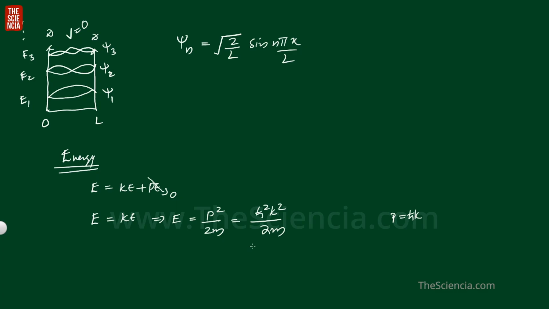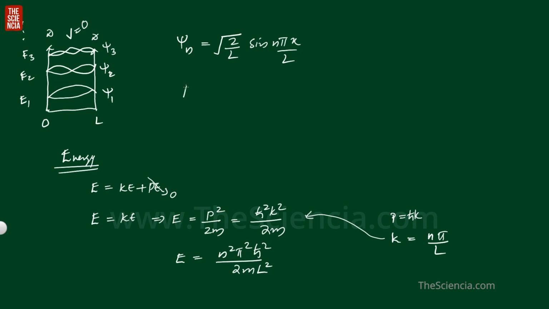Just before, we found the k value for a particle in a 1D box is n pi by L. So we can substitute this k value in this equation. We get E equal to n square pi square h cross square by 2m L square.